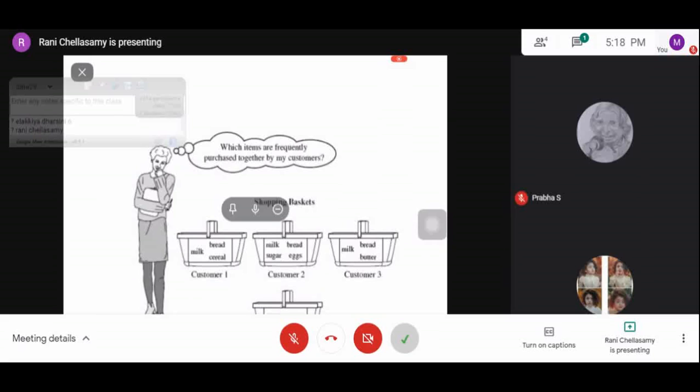Likewise, customer two is buying some other products: milk, bread, sugar, eggs, like that. All these are called baskets containing several items. Every customer is buying their own products. So the retail shopkeeper will observe the buying characteristics of the customers, and based on that, he could improve the performance of the shopping.